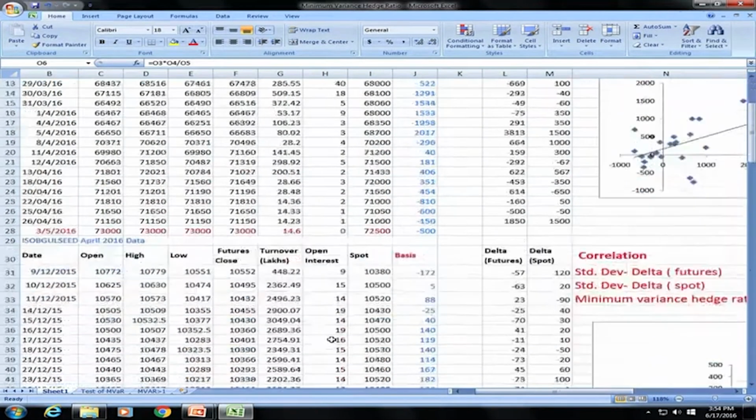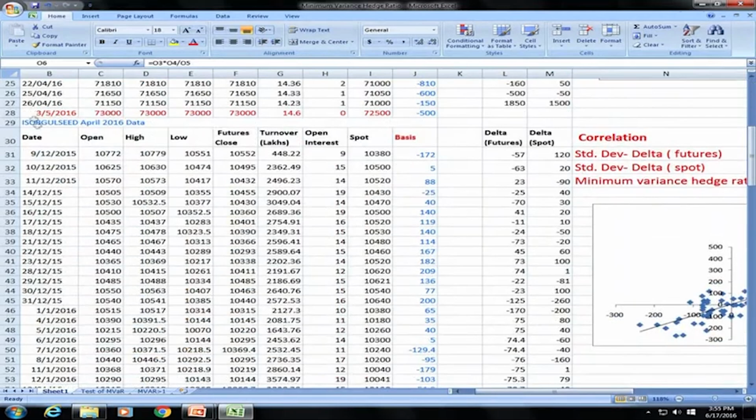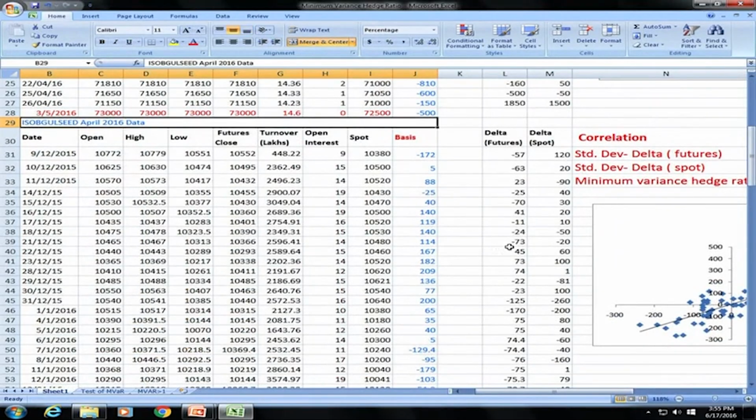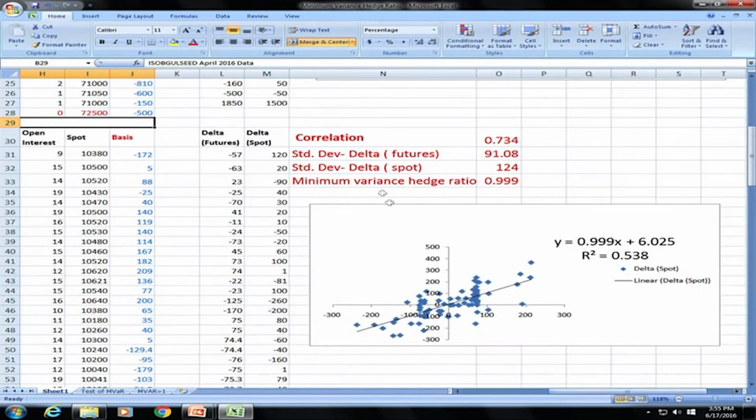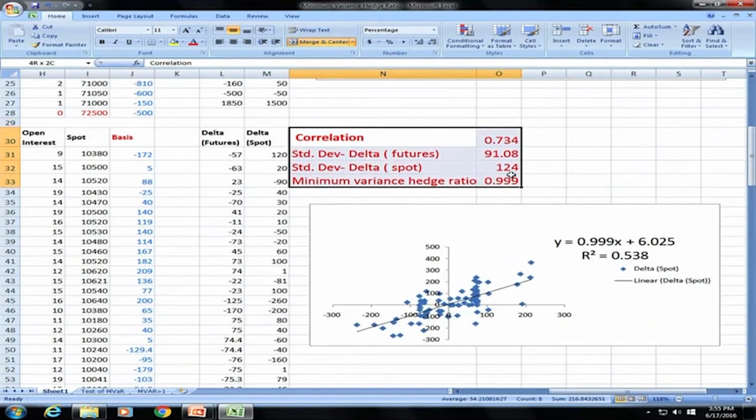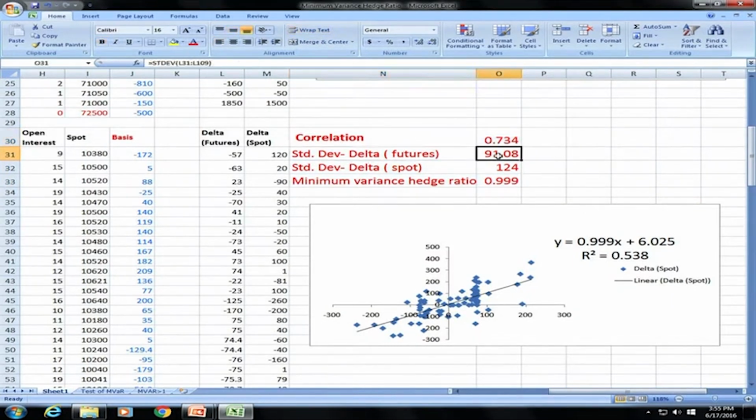Besides the black pepper, I have also calculated the isabgol seed minimum variance hedge ratio. This is the information which is given in the red font. So you have a correlation of 0.734, delta futures is 91.08, delta spot is 124, and the minimum variance hedge ratio is coming to practically 1.999.